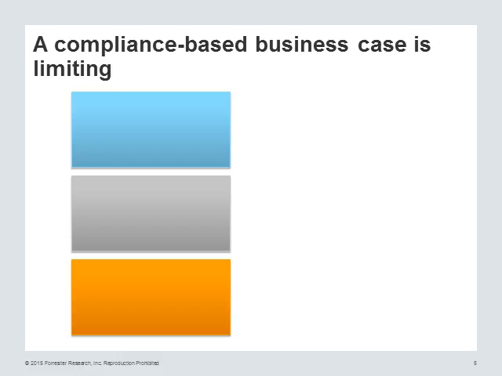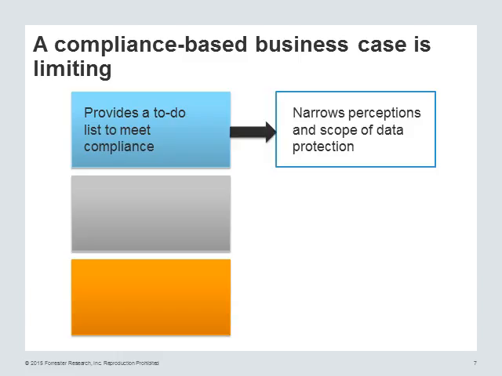And so a compliance-based business case can be limiting in several ways. For starters, yes, you do end up with a to-do list of things that you have to do to meet compliance. But unfortunately, this can have the effect of narrowing down perception and scope of data protection within the company, because there's plenty of sensitive data that just doesn't fall under compliance requirements.